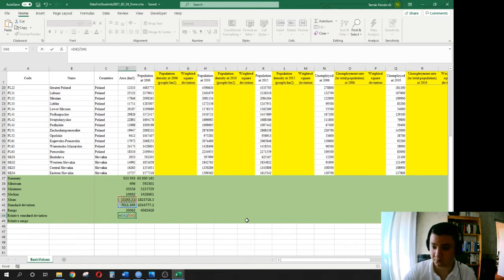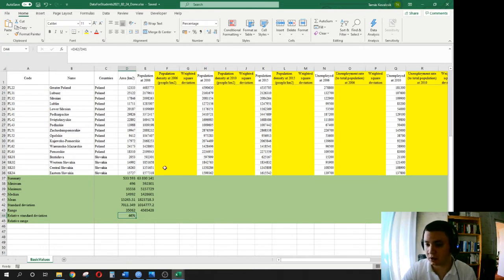In this case we have it in percentage form, how many percent the standard deviation is of the average. And for the population we can also calculate it.